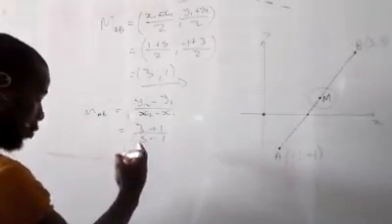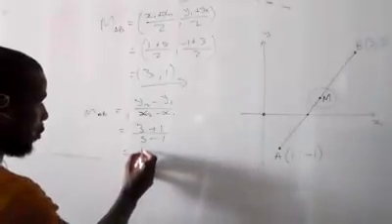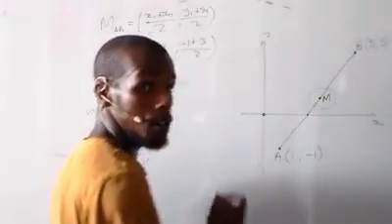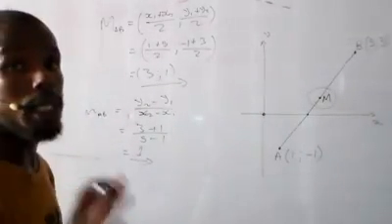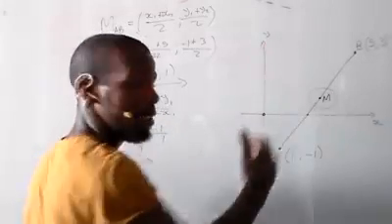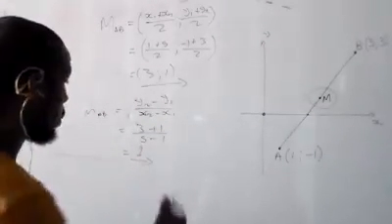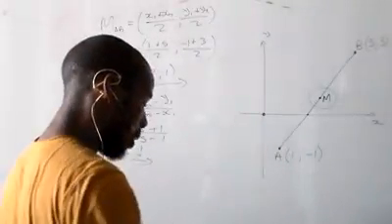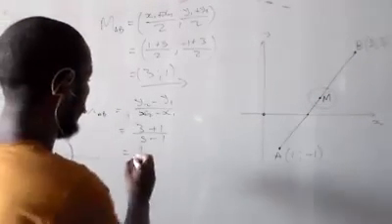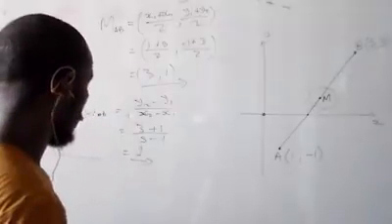So it's 3 plus 1, which is 4, and 5 minus 1 is 4. 4 over 4 gives you +1. So the gradient of this line is +1. That gives you a hint that the gradient of the perpendicular line is a negative number, so it is -1. So the gradient of the perpendicular line that we want is -1.